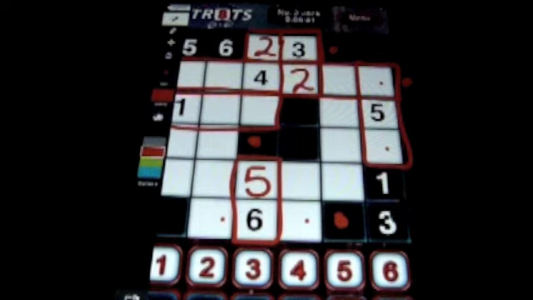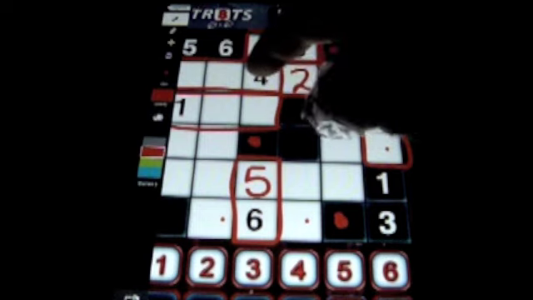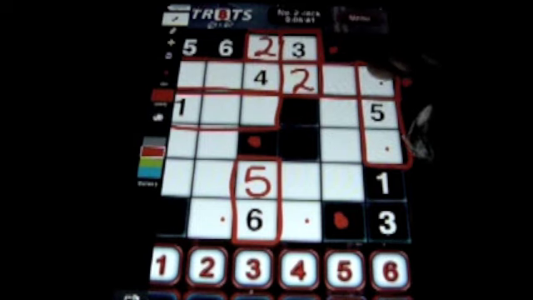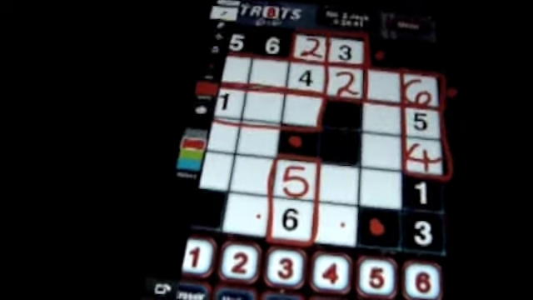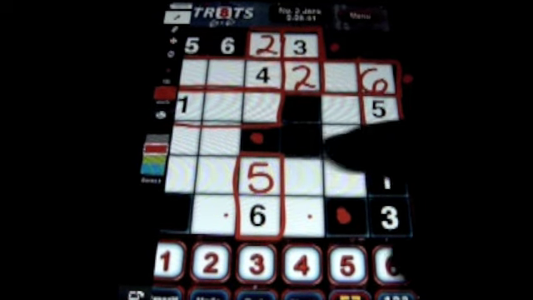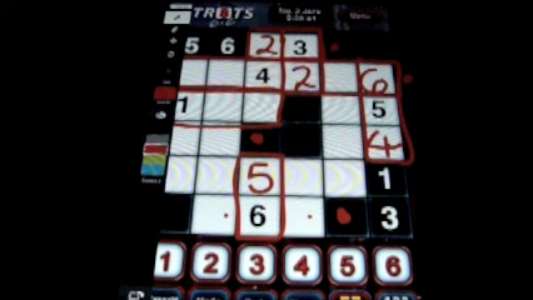Having the 3 here means that these two cells need to be higher than 3. So the only two options we have here are 4 and 6 and 4 and 6. We already have a 4 over here, so this must be a 6. And that leaves this as a 4. Okay, so now we've filled in enough numbers to understand how the sequencing works in straights.